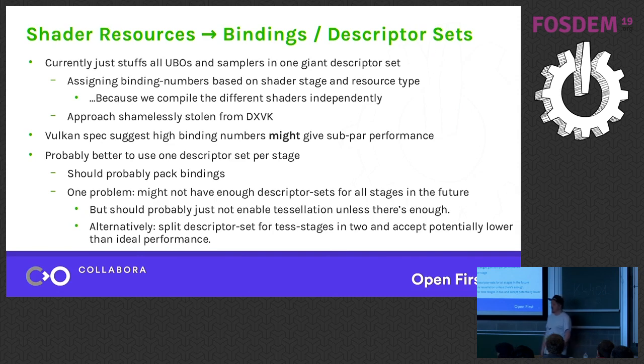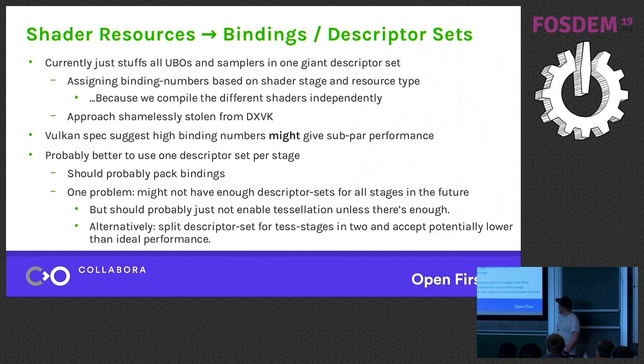You can have n descriptor sets, and they have indexed resources inside of them. We currently just push all of this into one big descriptor set, which is a pretty easy approach, but might not be great from a performance point of view. Especially the Vulkan spec suggests that this is not a good idea.